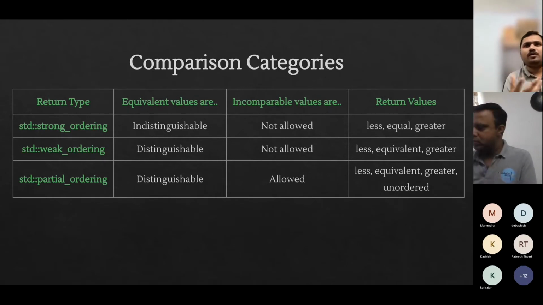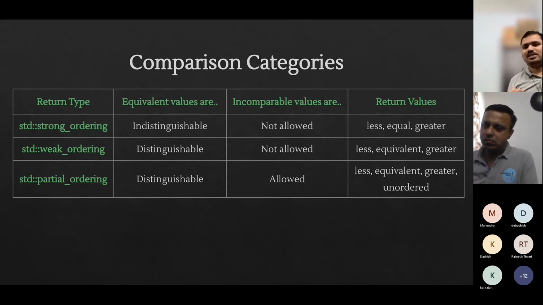So in our programming, what can be equivalent but not equal? For example, when you write a double, there is still a way that you can specify -0 and +0. Even though they are equivalent semantically, they are not equal. Another example: let's say we are doing a case insensitive string comparison.